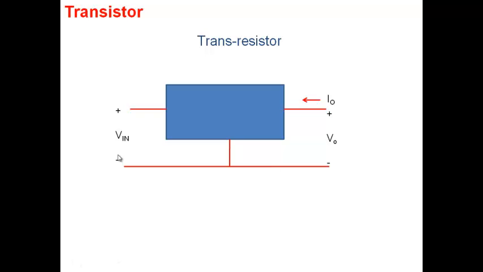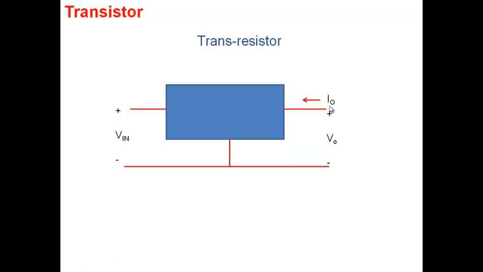The specific characteristics of not just the bipolar transistor, but any transistor, that we are looking for is the following. Three terminals are there. There's an input pair of terminals across which we apply the input voltage, and there's an output pair of terminals across which we get the output current and the output voltage.